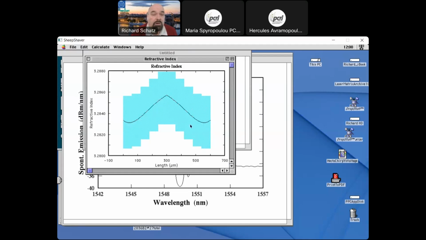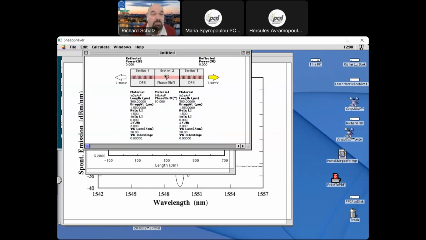The yellow-blue curve here is the grating itself, but you see the average refractive index here in the middle is higher, and that means that the light is going slow here, and this accumulated phase shift here will not be 90 degrees, but maybe 180 degrees, and then you are back to an ordinary DFB laser, without any phase shift.